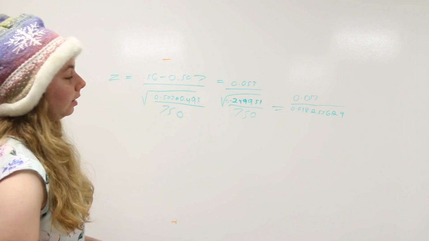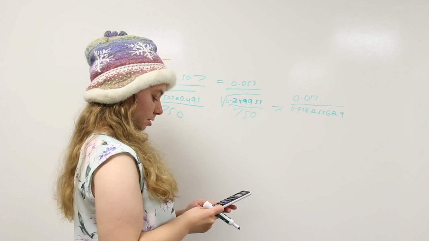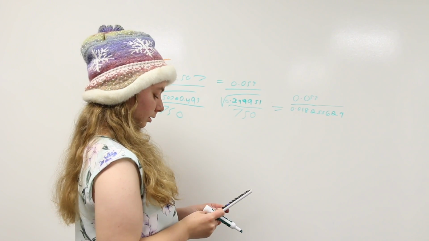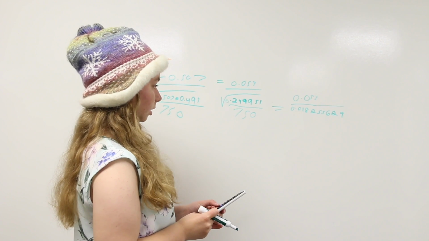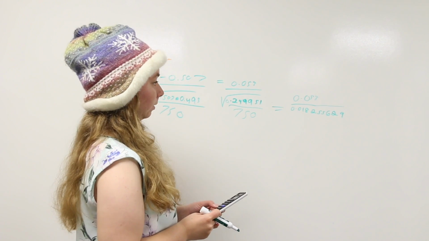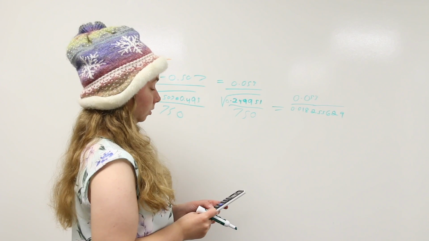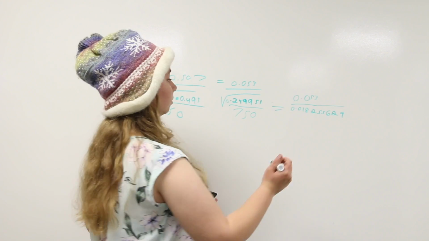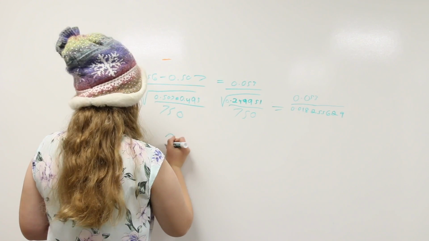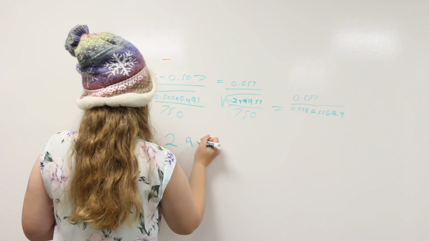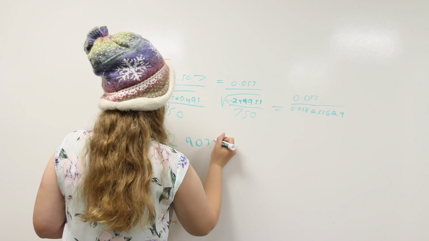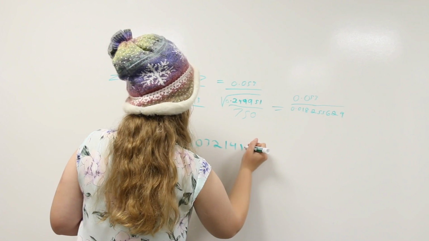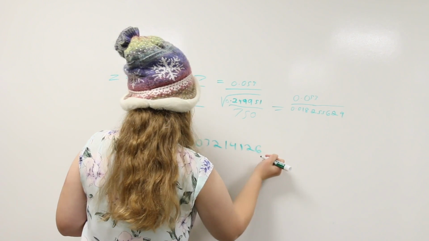And then we will divide 0.053 by 0.0182555629, and that will equal 2.9032141226.